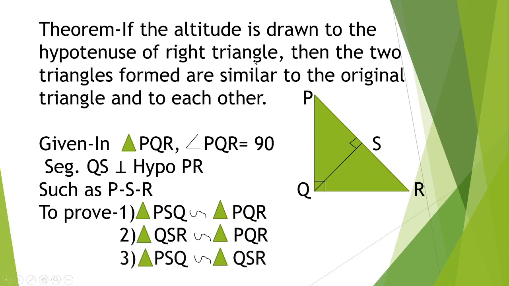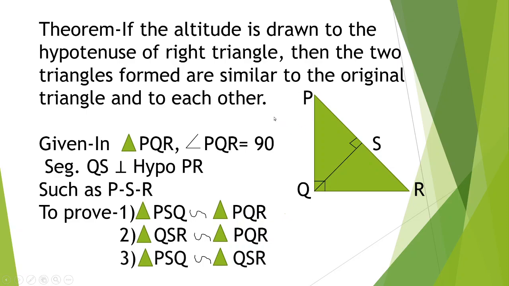Means if in a right angle triangle we drop an altitude on the hypotenuse, two small triangles are formed in the original triangle. Both small triangles are similar to the original triangle and also similar to each other. This is our theorem.